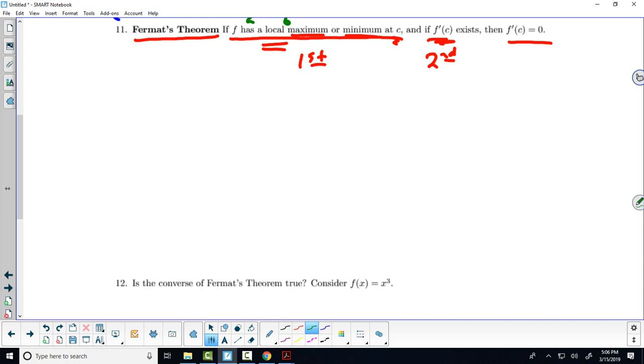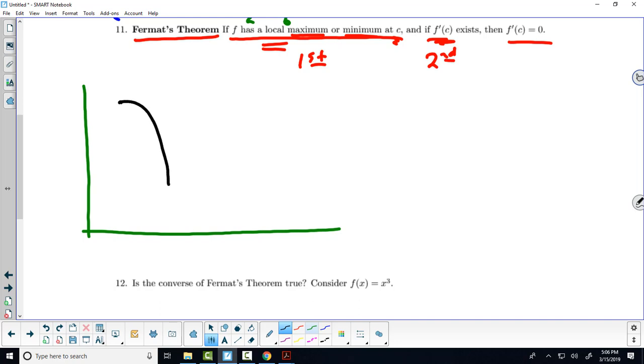I'd like to see if we can get an understanding of Fermat's theorem by looking at a graph here. So here we've got a function.